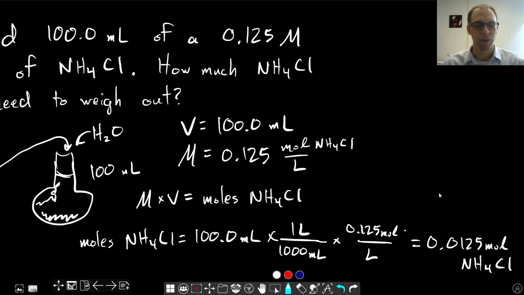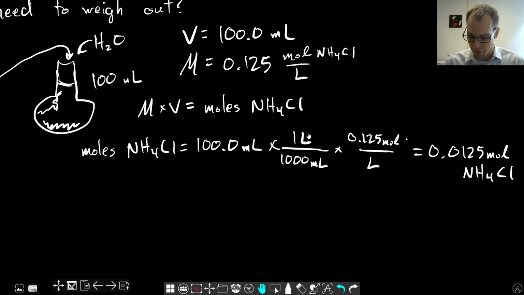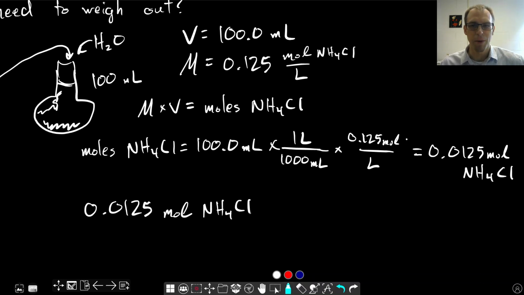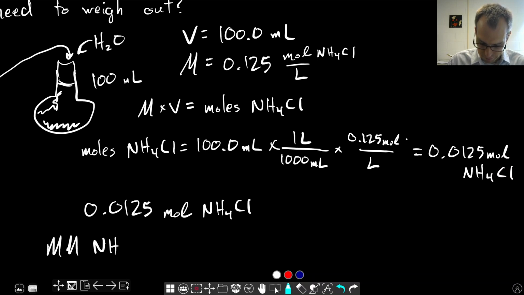And then step 2 is what we already learned to do in chapter 3. We can take our number of moles and convert it to a mass. So our 0.0125 moles of ammonium chloride. We need one more piece of information here, and we'll need to use the periodic table to do that. We need to find the molar mass of ammonium chloride.